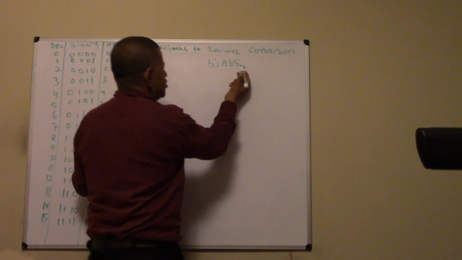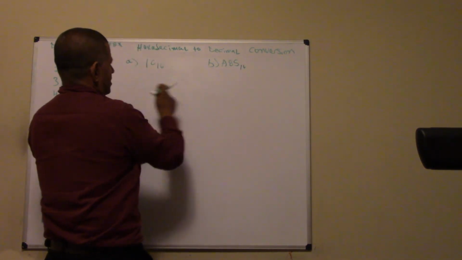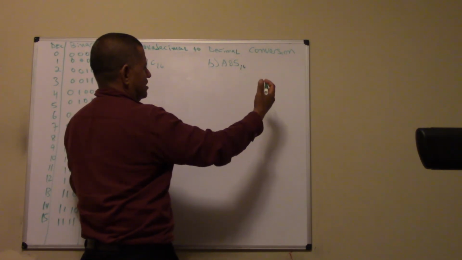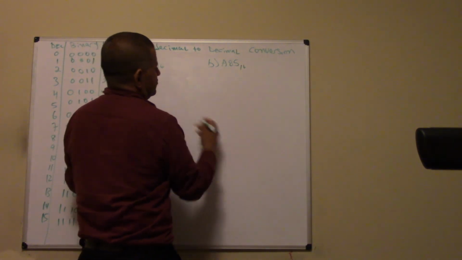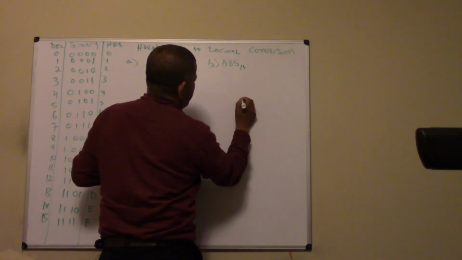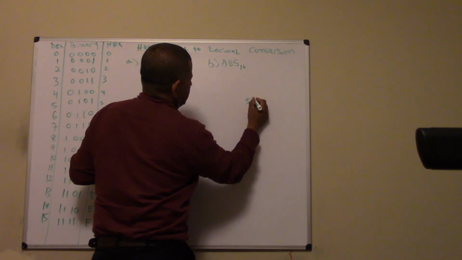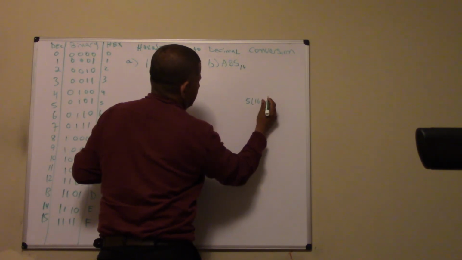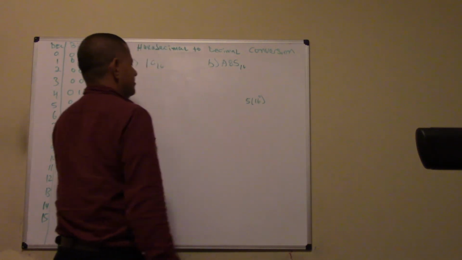We start from the first digit on the right to the left, right? So we start with, so we can say 5, right? Times 16 to the 0 power, right?